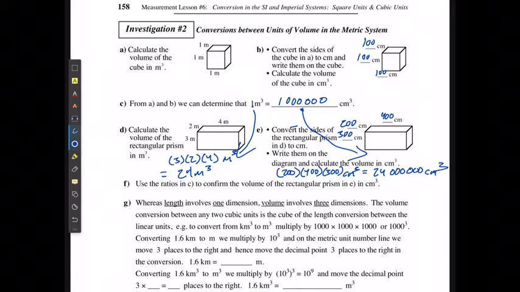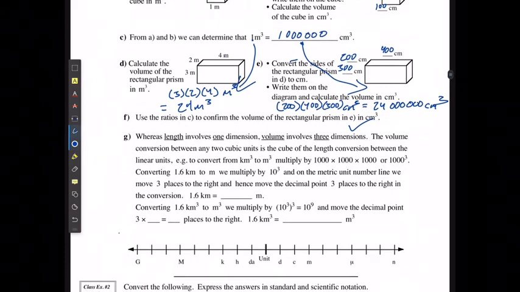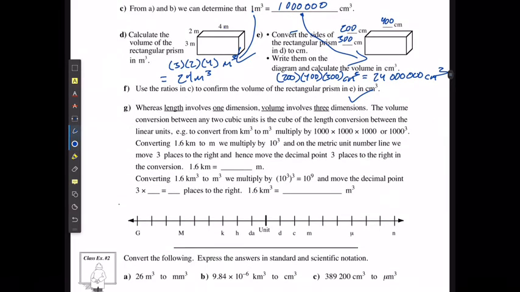I'm just using the same ratio and the same rates. Whereas length involves 1 dimension, volume involves 3 dimensions. So I need to multiply it 3 times. So if I'm converting 1.6 kilometers to meters, we multiply by 10 to the power of 3 on the number line, or move 3 places to the right.